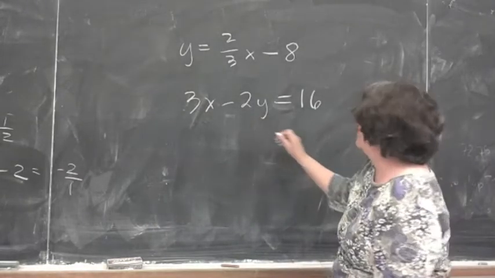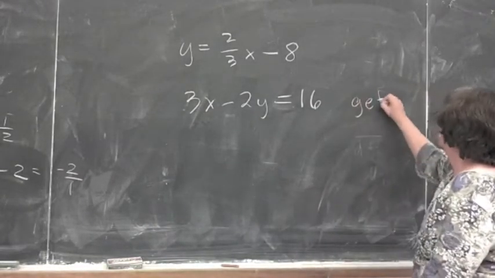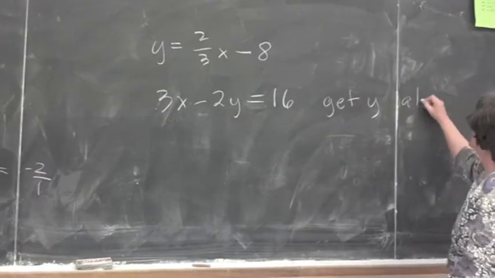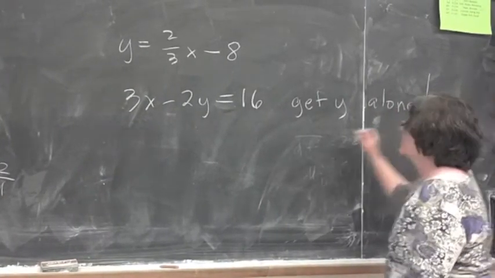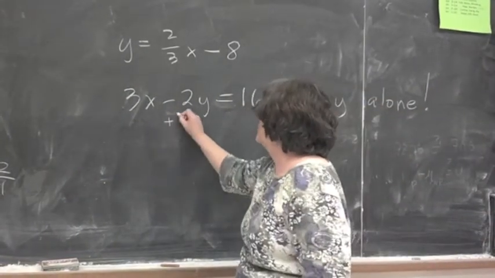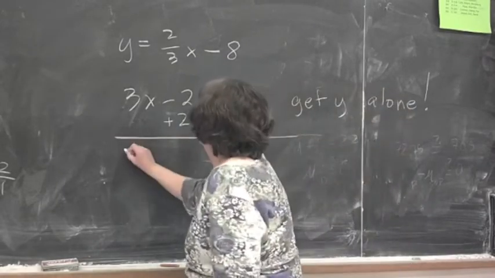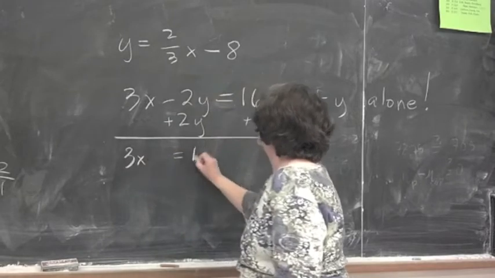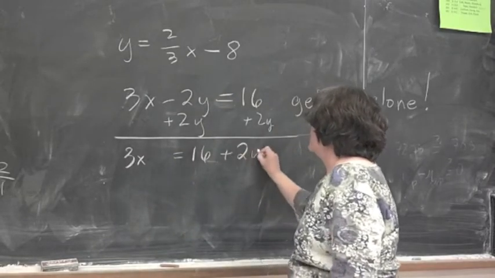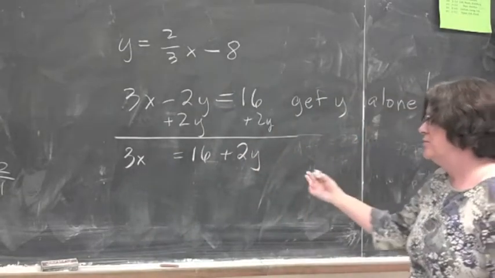We have to get y alone. Don't forget that part. So we'll add our 2y. That way we won't have a -y to work with. We have 3x equals 16 plus 2y. Subtract the 16.